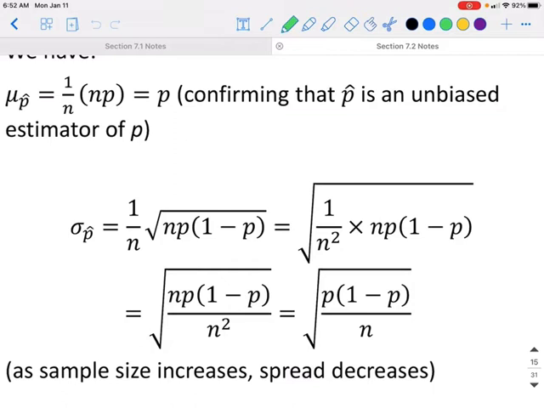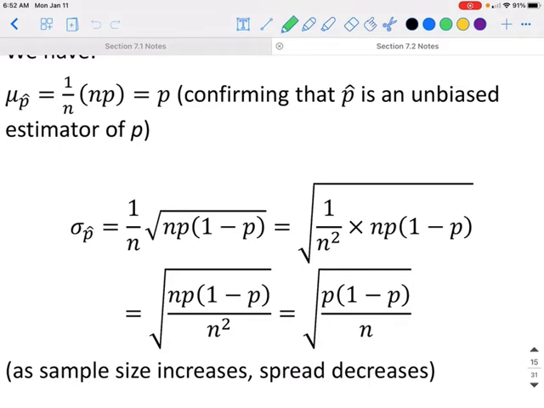We move the n squared to the denominator, and then we can divide by an n on top and bottom. This leaves us with the square root of p times 1 minus p over n, or the square root of the probability of success times the probability of failure over the sample size.